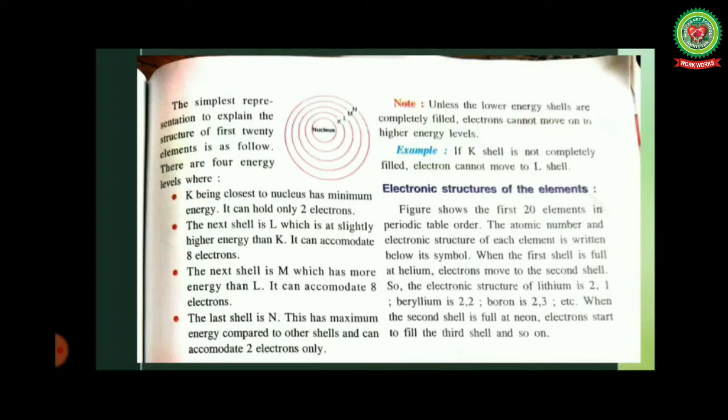Till we put 2 electrons in K shell, we cannot move towards another shell, that is L. We cannot put 1 in K shell and 7 electrons in L shell, total 8 electrons. No. In K, first we have to complete its maximum number of electrons that it can hold, which is 2, and then we can move to another shell, that is L.